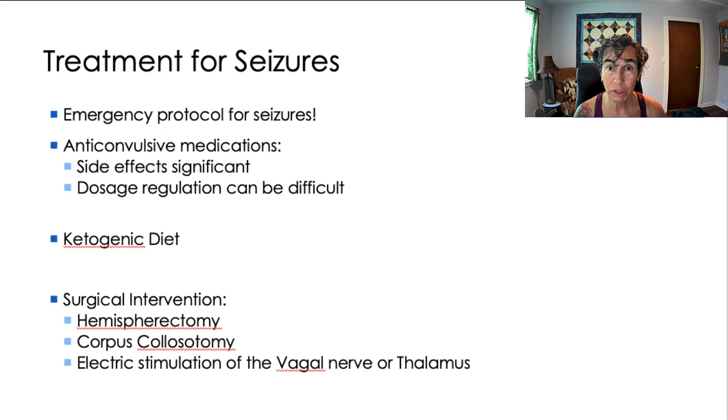The third treatment type is surgical intervention. And this is a last-ditch effort, right? So medication and diet are first. Surgical intervention comes later. Hemispherectomy, in other words, separating the two sides of the brain surgically so that those electrical impulses are not going haywire across the two hemispheres.